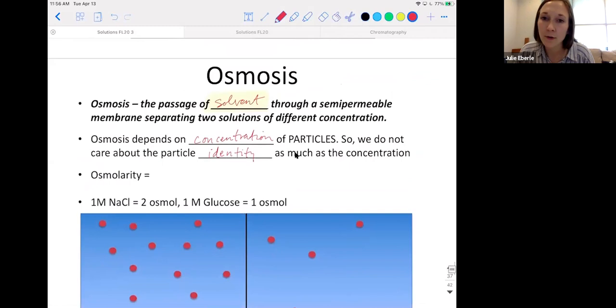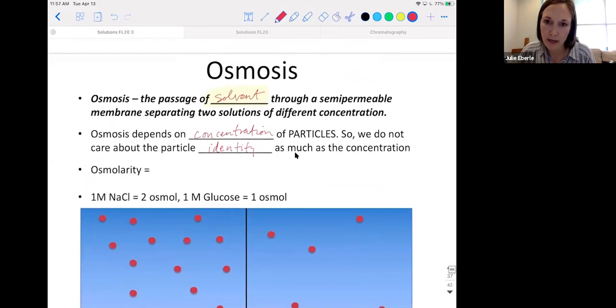And this is all about a gradient. You guys have heard the word gradient before, I bet, in biology, okay? How do gradients work? You have an area of high concentration, you have an area of low concentration. When you have a gradient, how's the solvent going to move?